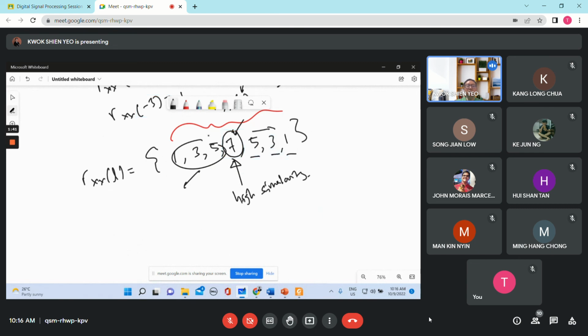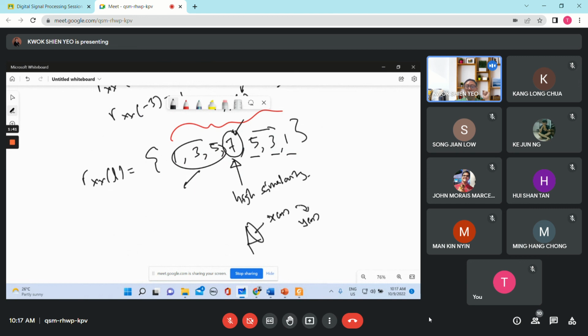So how can it be applied to radar? Let's say you are doing correlation in a radar. The radar transmits a sequence xn, and after it hits some object, it returns yn.